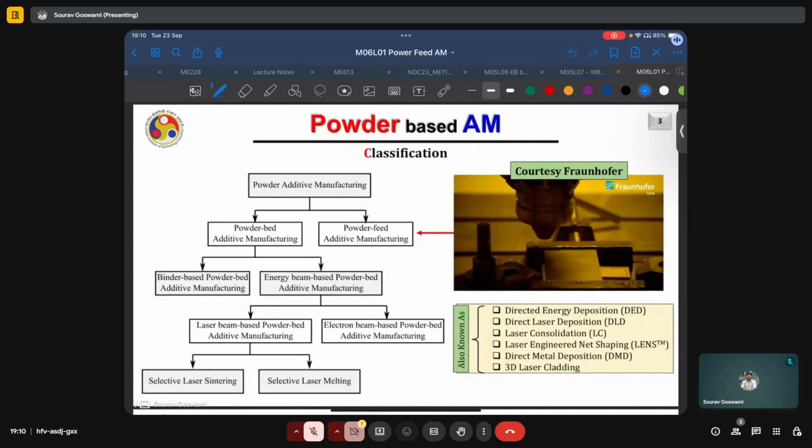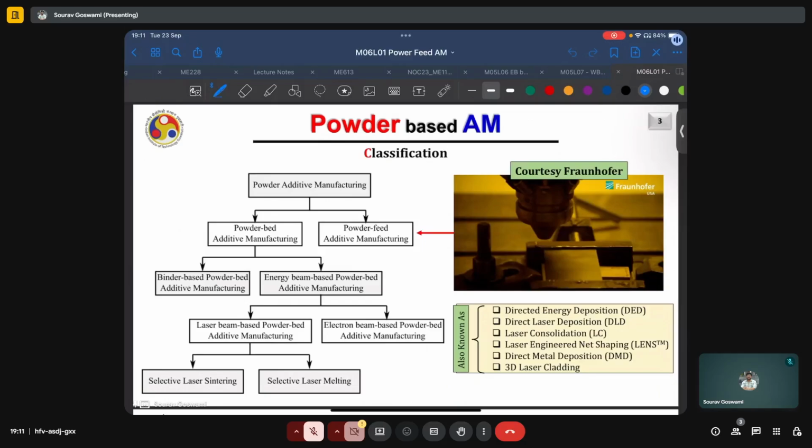Now, powder-based additive manufacturing can either be of the powder bed type, where the powder is already available to us in reservoirs, and a thin layer of it is spread onto the printing region by the use of rollers, and then this region is scanned with an energy beam, or some binder is deposited in the regions to be printed.